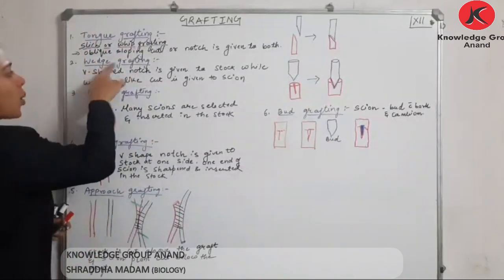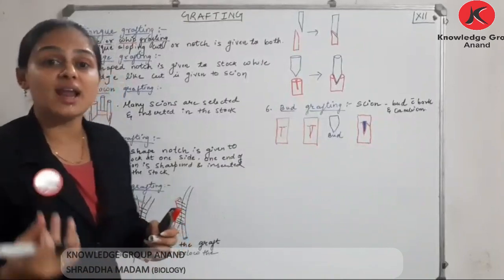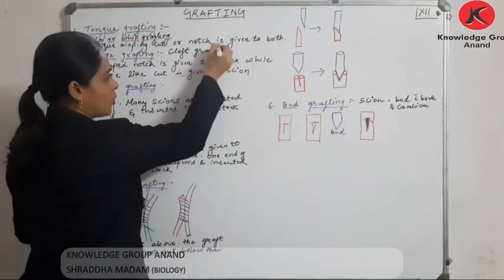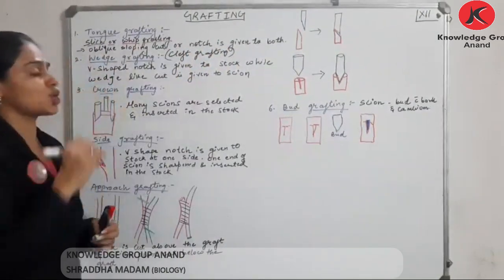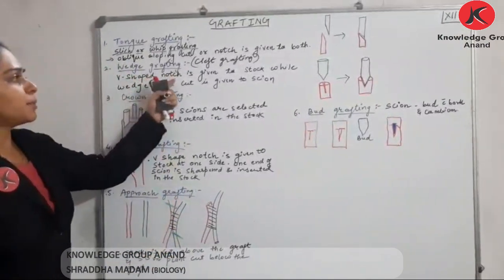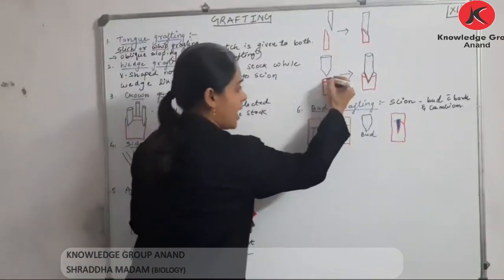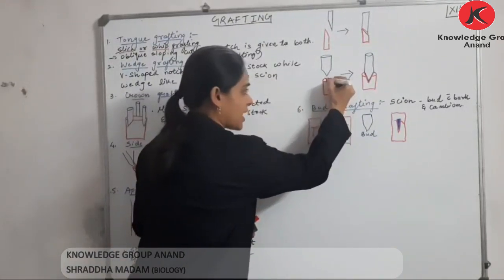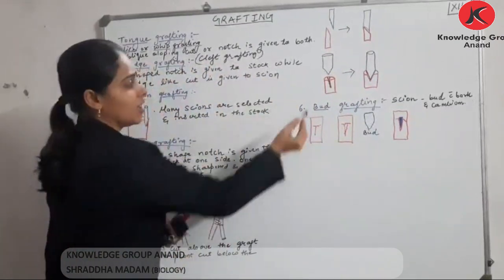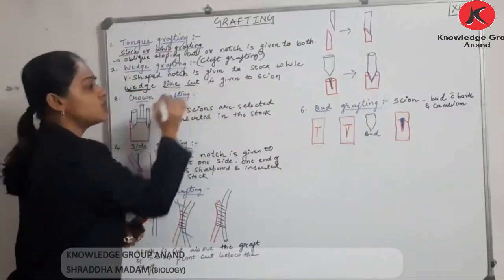Next comes your wedge grafting. Wedge grafting is otherwise called as your cleft grafting. Okay, इसको क्या बोला जाता है, it is also called as your cleft grafting. Now you can see V shape notch is given to stock. As you can see over here, ये stock है and यहाँ पे V shape cut as you can see over here, it is given to stock. While if you are talking about your scion, then scion is given wedge like cut.